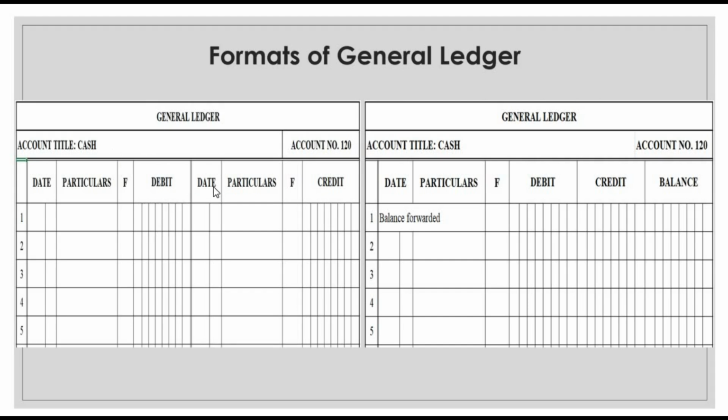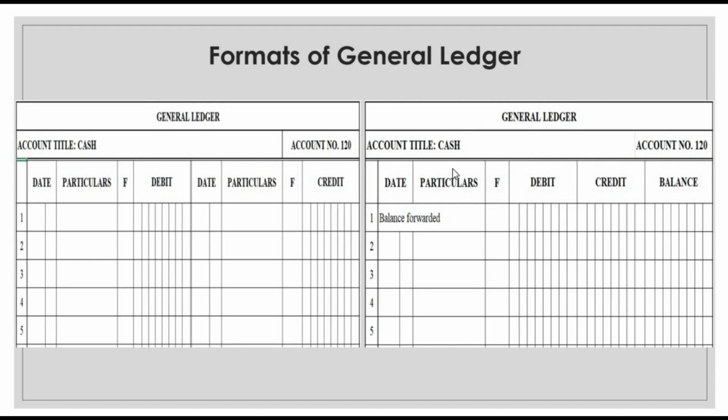So, in the next naman na column, ito naman yung credits na column. So, same lang din. May date, may particulars, may folio, or journal reference, and yung column para sa amount pertaining to the credit account. Okay, so that's the first format of the general ledger. So, again, this is commonly used for manual accounting or for those following manual accounting.